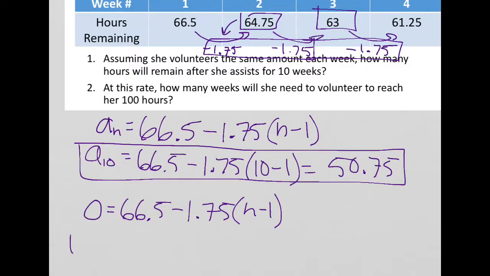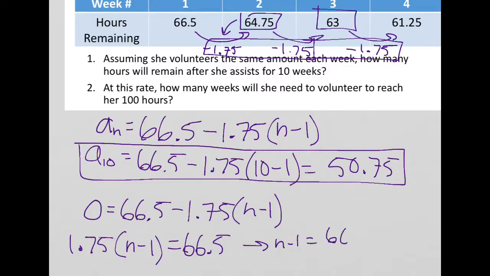So let's say 1.75 times n minus 1 equals 66.5. And then we can say that n minus 1 equals 66.5 divided by 1.75.